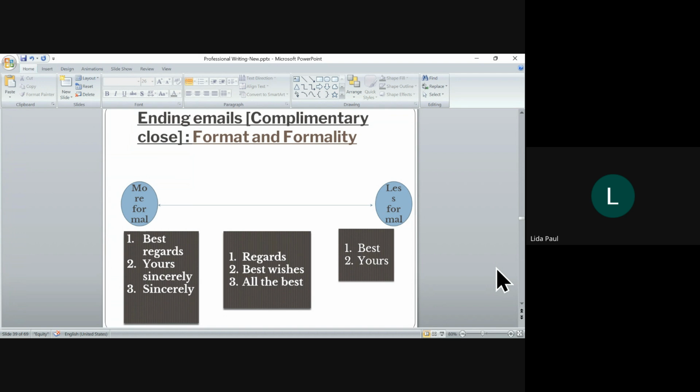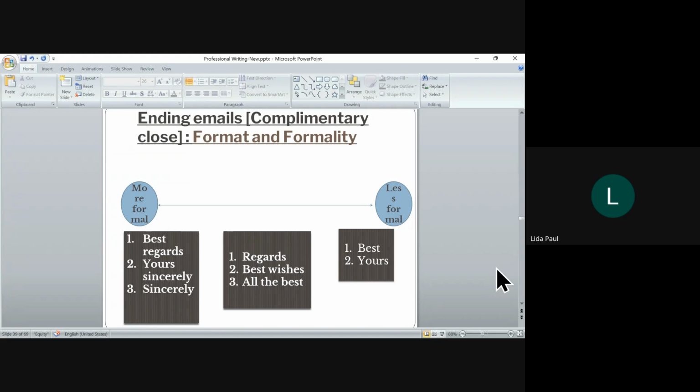Like we mentioned the other day, in semi-formal or informal emails, sometimes that purpose statement is the only line that you have. So they just write the salutation, then that one line purpose statement, and then close it. They probably do not even mention anything as a complimentary clause. But in case you're planning to do that, then you have two options. One is best and one is yours.